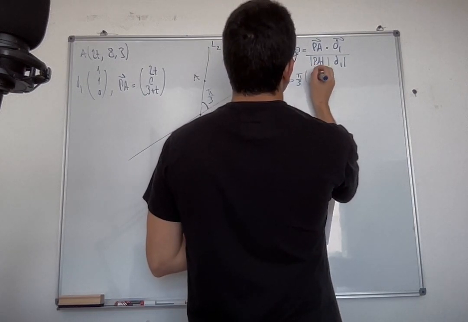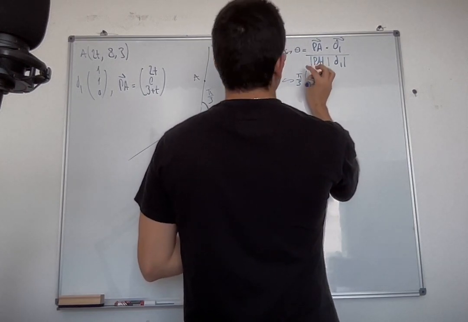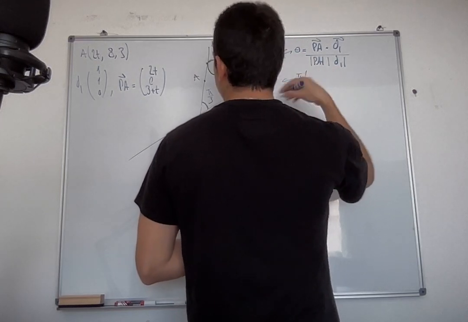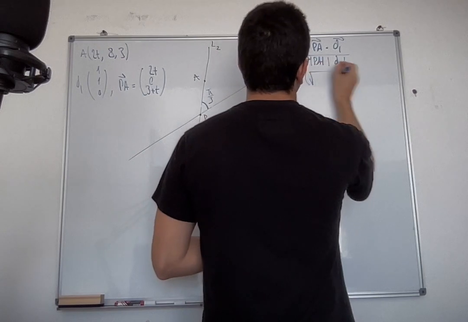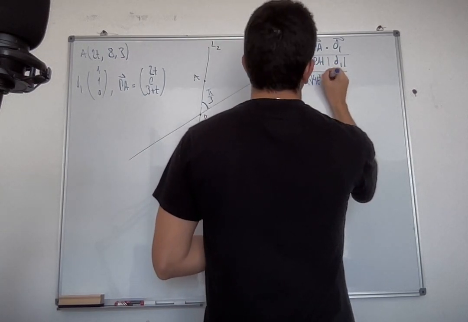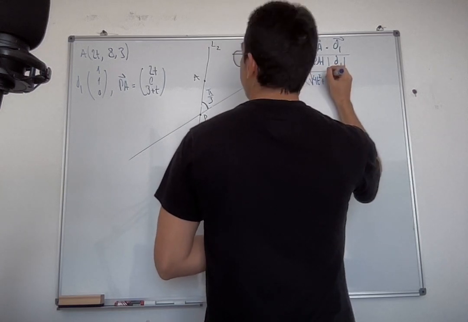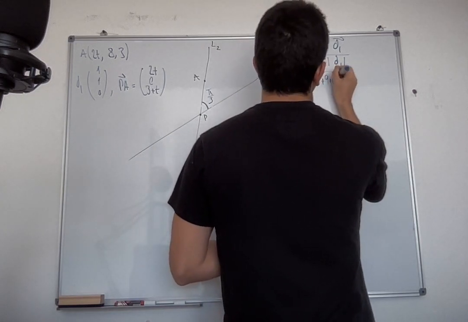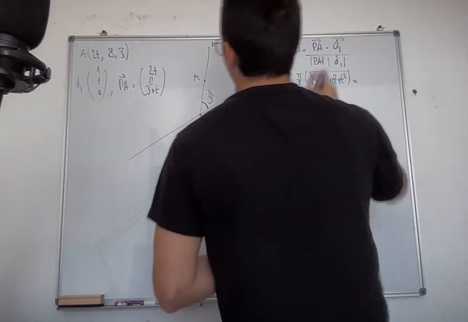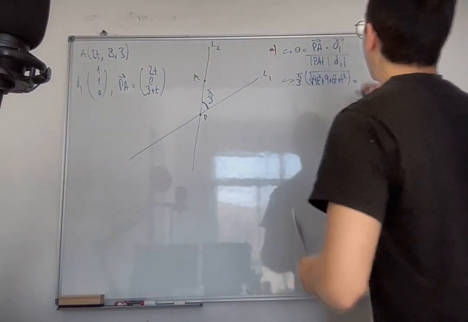So cosine of pi over 3 times the magnitude of PA, which is the square root of 4t squared plus 9 plus 6t plus t squared, and then the dot product of PA and D1.